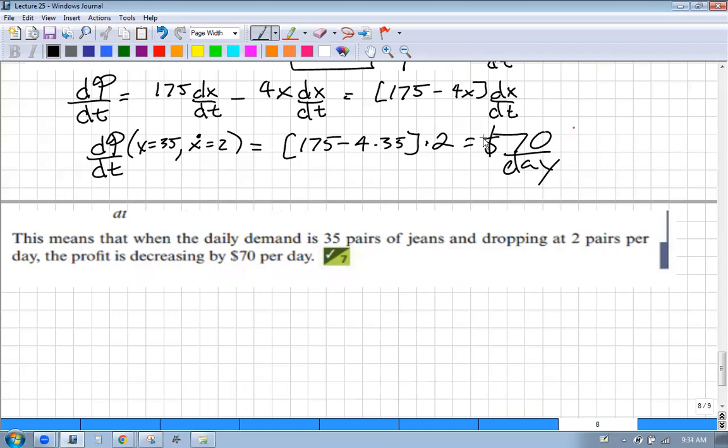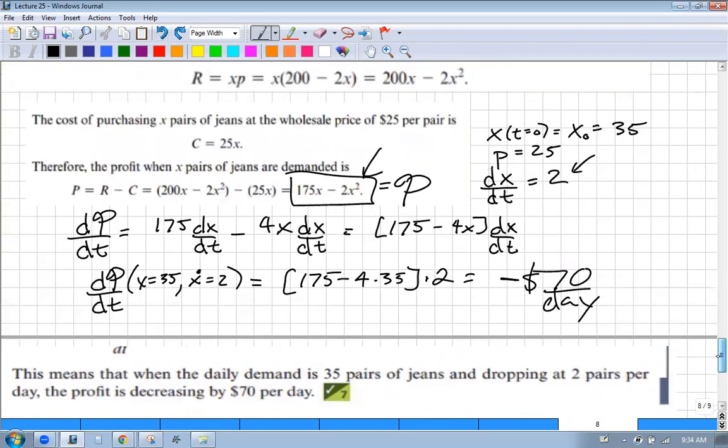This is a negative number. This is bigger than that, so we're going to get a negative. It's important to make sure you don't lose those minus signs. And when you read the paragraphs, it's easy to overlook the word decreasing or increasing and just look at the number and write the number down. Make sure you pay attention to decreasing. So you can put that minus there.